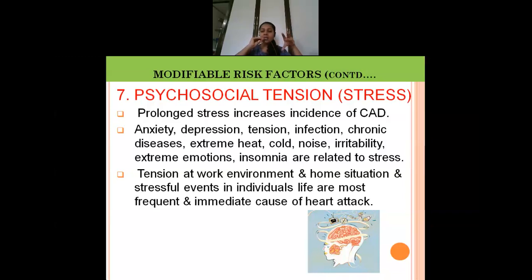All this will result in stress. And when you face stress at your house and even at your workplace, the risk of developing coronary artery disease, the risk of getting an immediate heart attack also will increase.